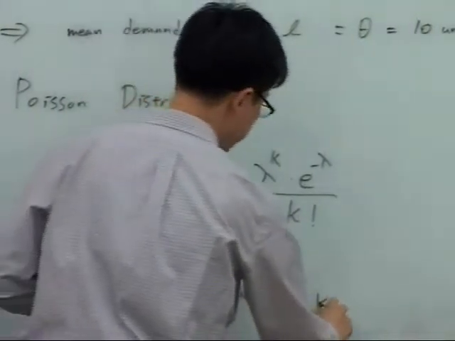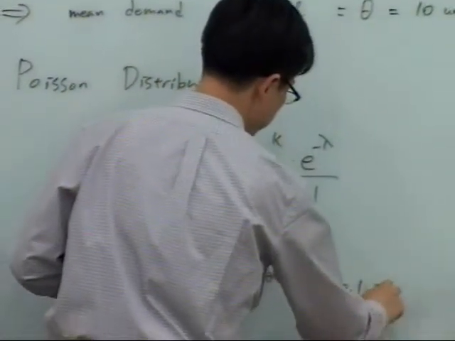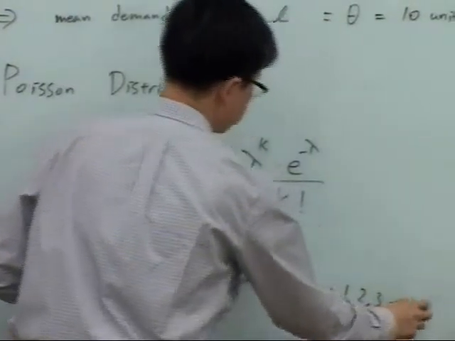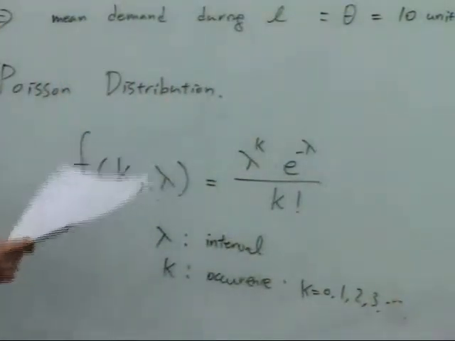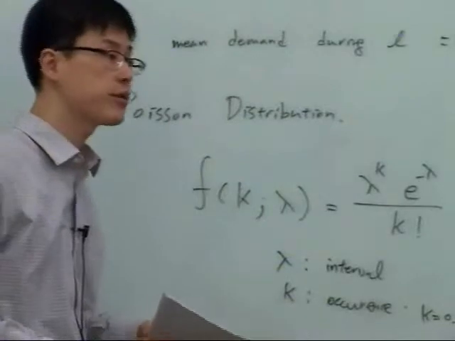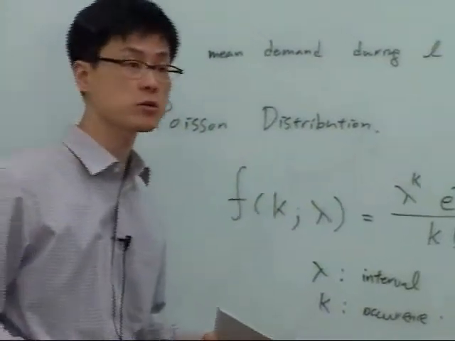So k is an integer. That's the definition of the Poisson distribution.